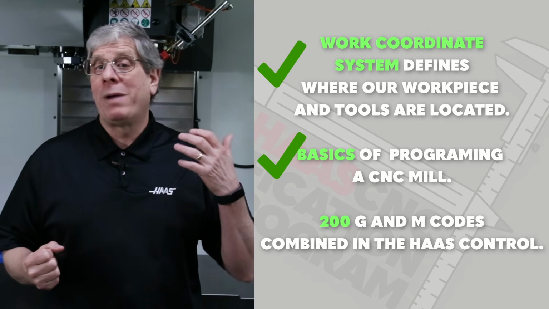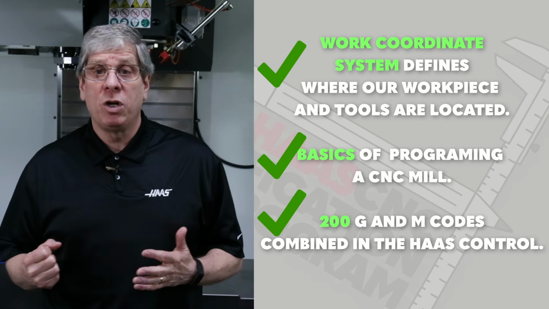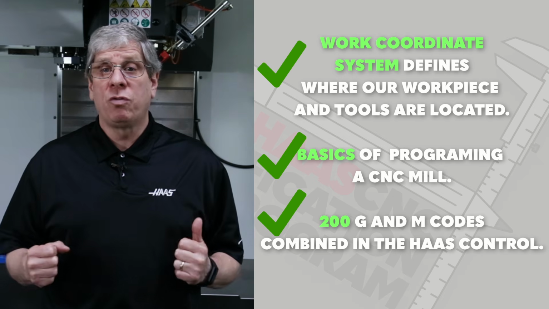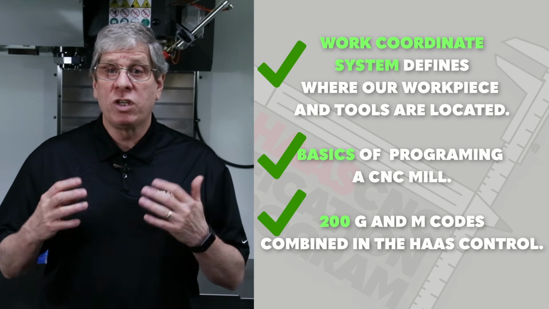Currently, there are around 200 G codes and M codes combined in the Haas control, so obviously we're just barely scratching the surface on all of the different ways that you can control the machine using these commands. But as you become more familiar with how CNC programs are written, you'll come to understand the functions these codes perform.